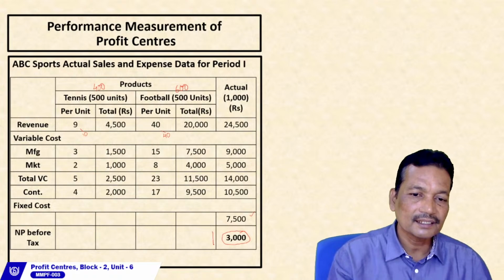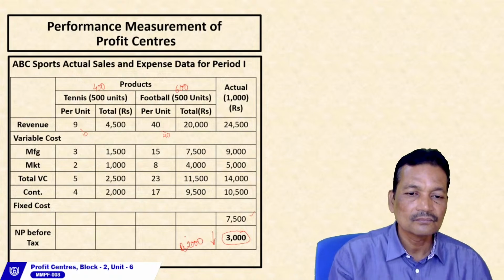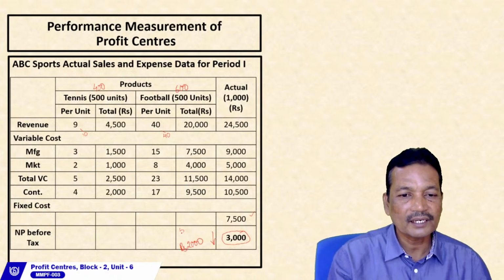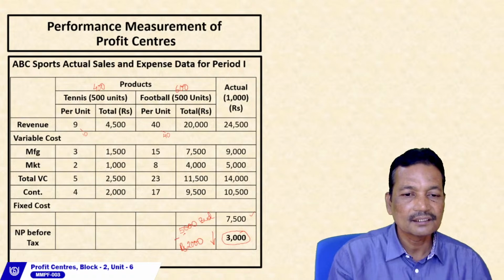That means it has come down by 2,000 rupees, because we had 5,000 as budget minus 3,000 as actual.